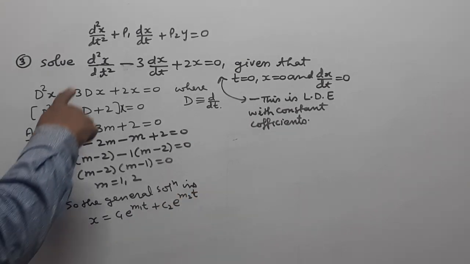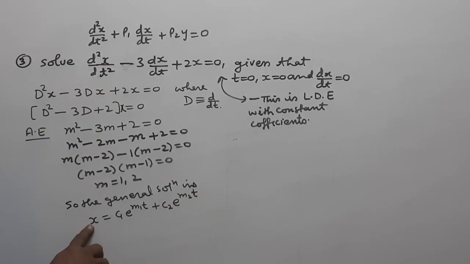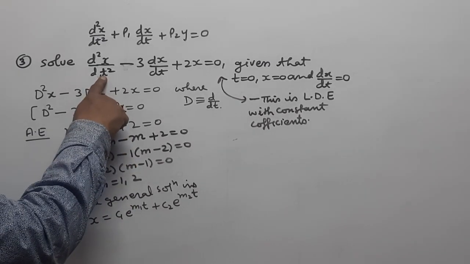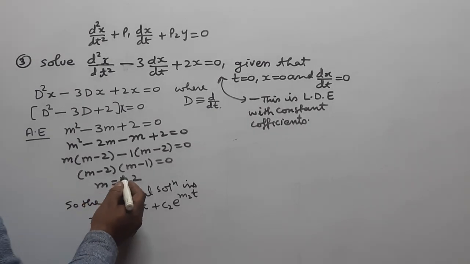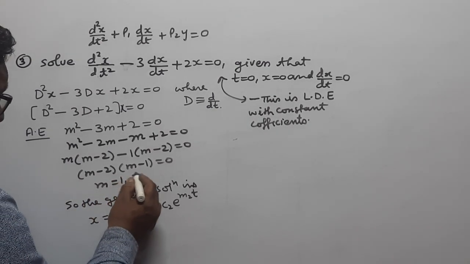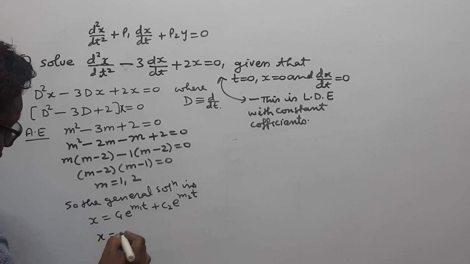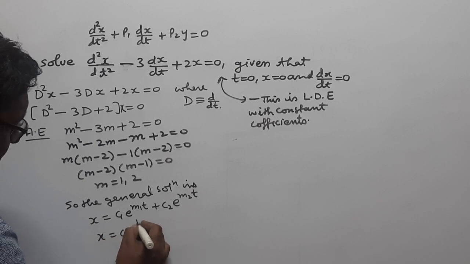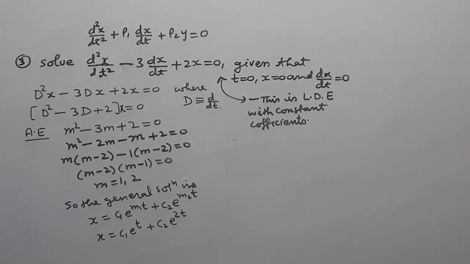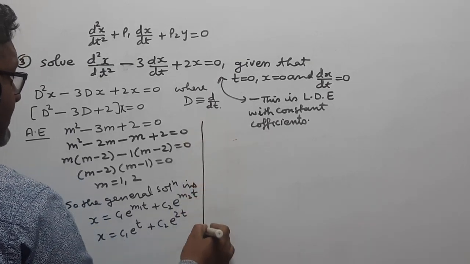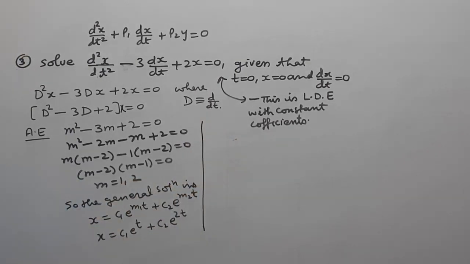Here x is the dependent variable, and t is the independent variable, so in the power of e we write t. You can see m1 is 1 here, m2 is 2 here, so x = c1 e^(1t) + c2 e^(2t). This is the general solution of the given second order linear differential equation with constant coefficient.